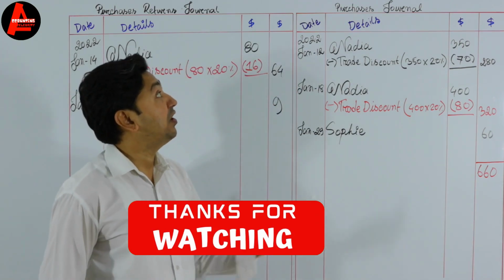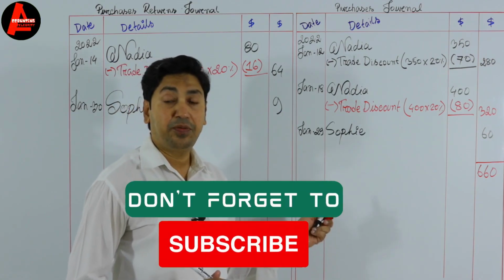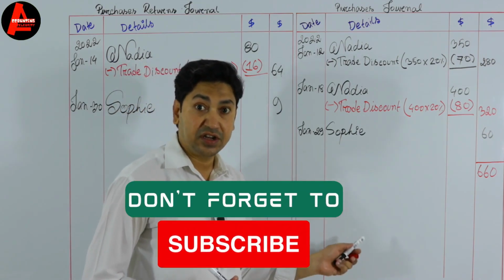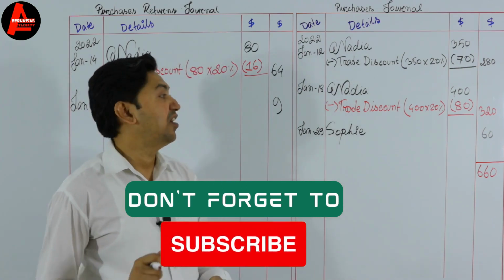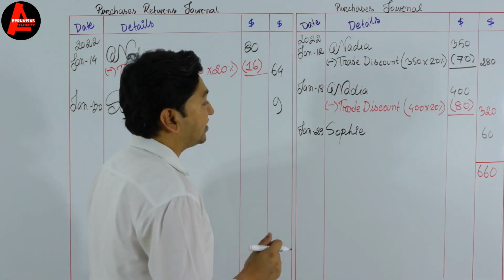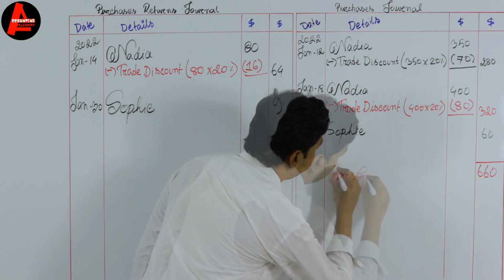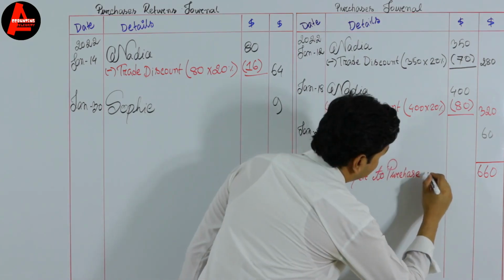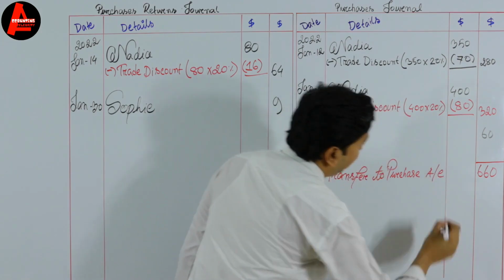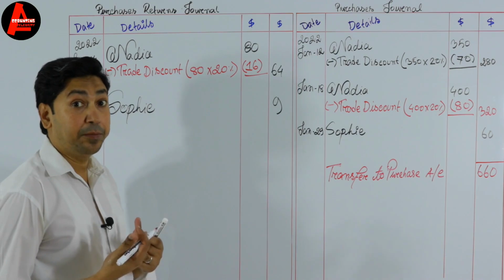We are doing the purchase journal, so the total of the purchase book or purchase journal will appear in the purchase account. So let us write here: transfer to purchase account. The date will be the last day of the month.